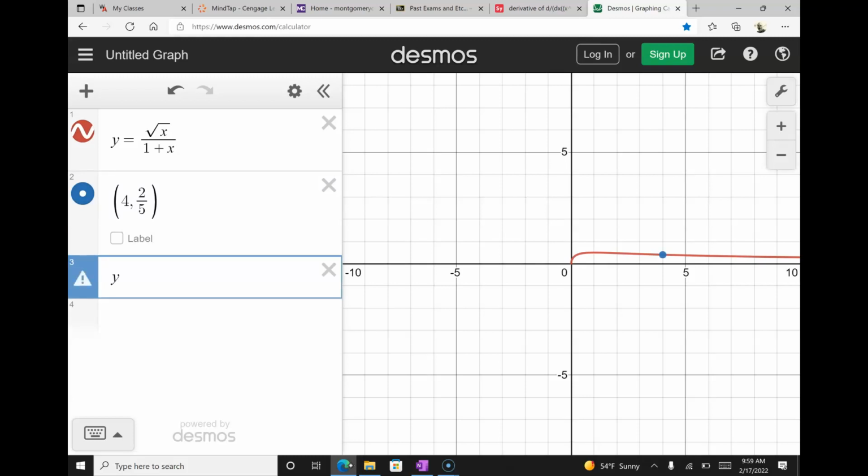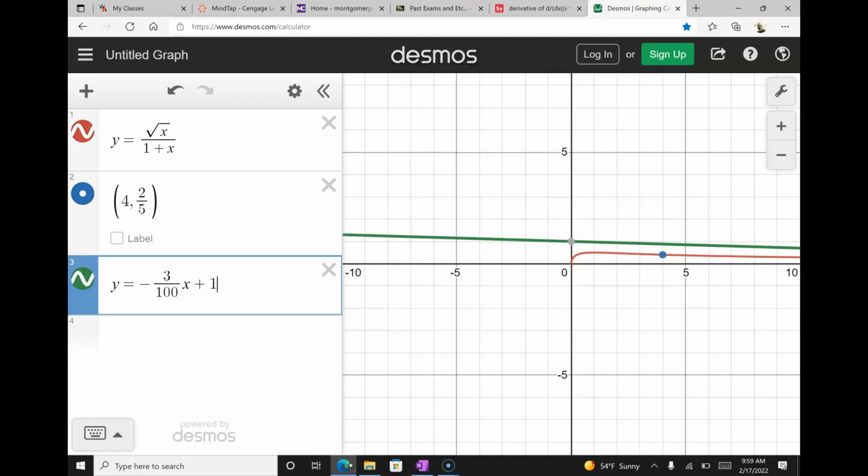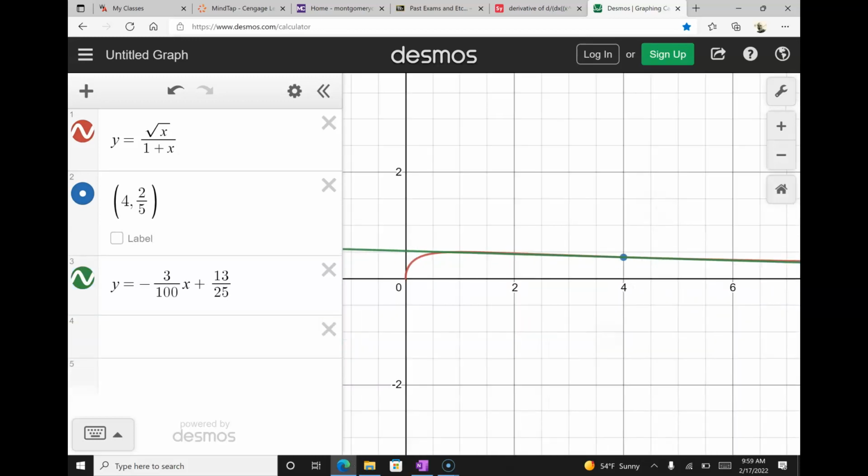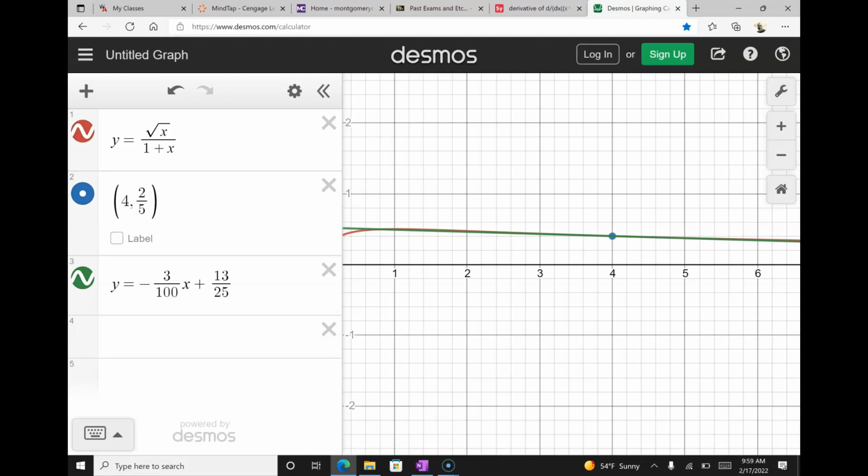And y equals negative 3 over 100 times x, plus 13/25? Oh yeah. It's a hard one to see, but the ones that are on your test will be clearer. But this is definitely true.